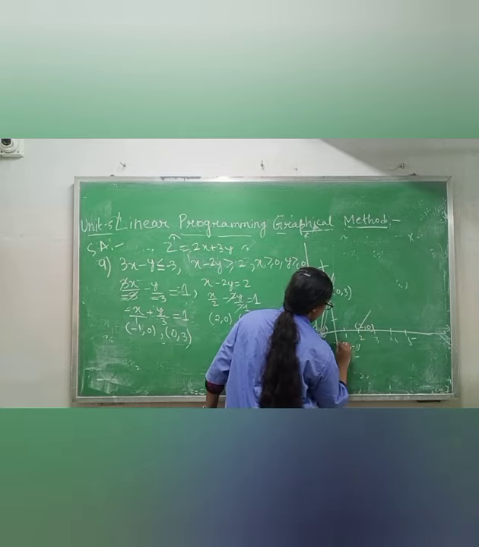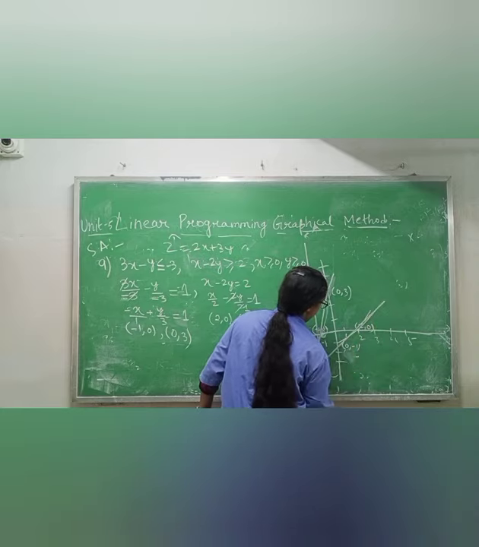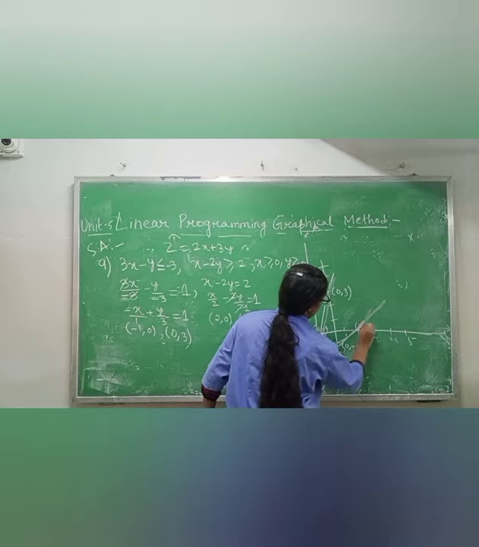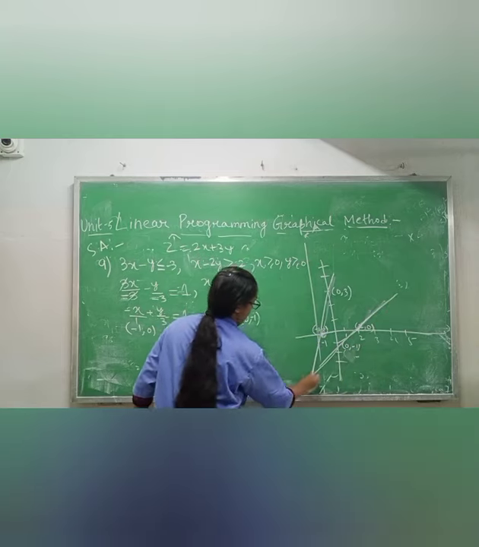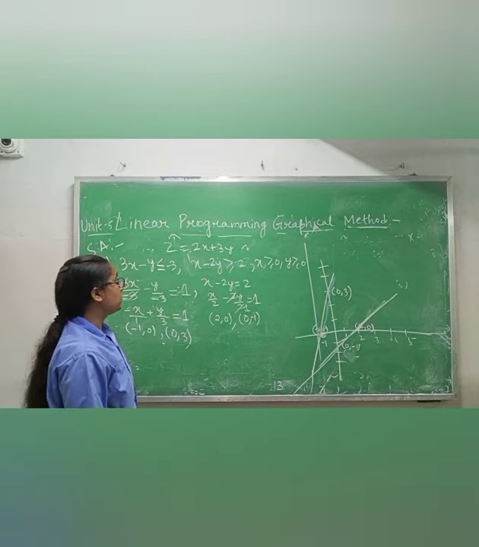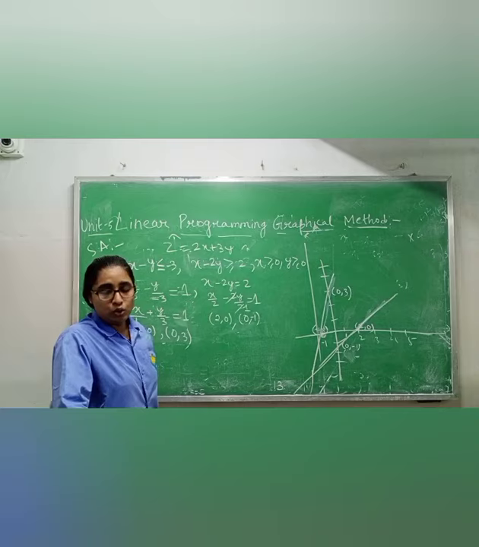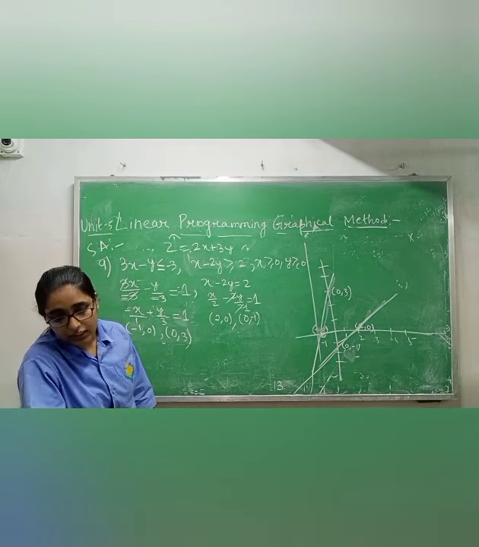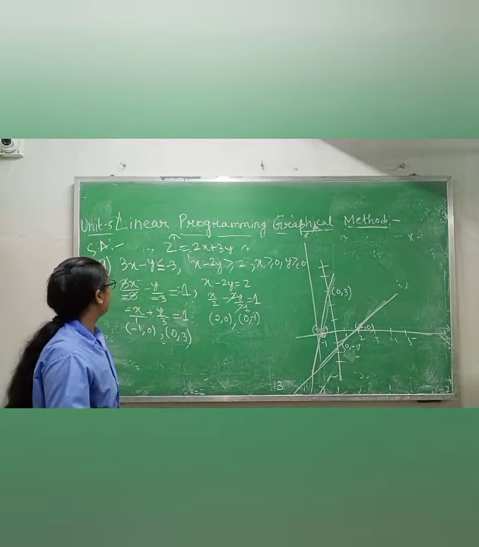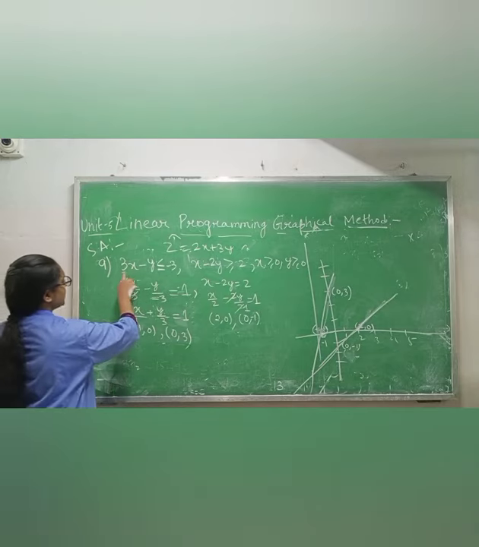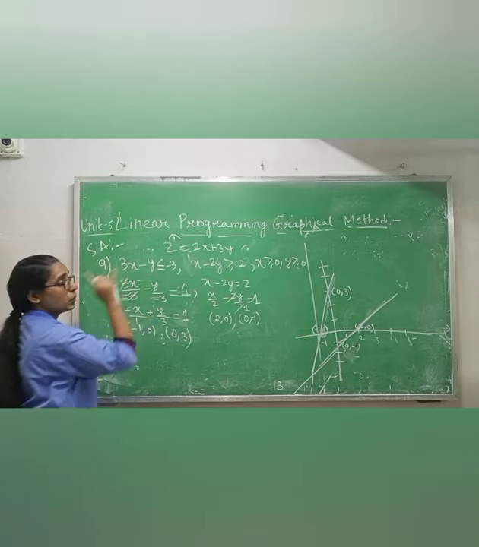Now we have to find whether there is a feasible region or not. They are telling you to show that the LPP has no feasible solution. Now what you will do is take this and in place of x and y put 0.